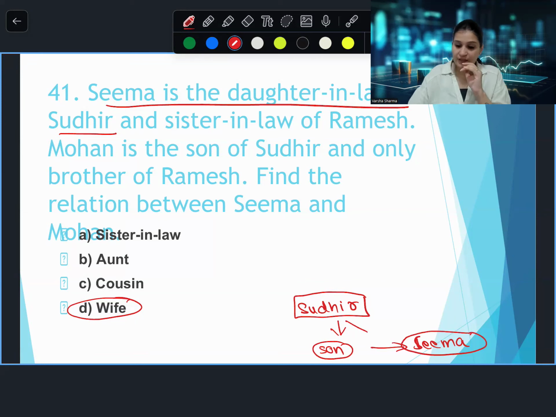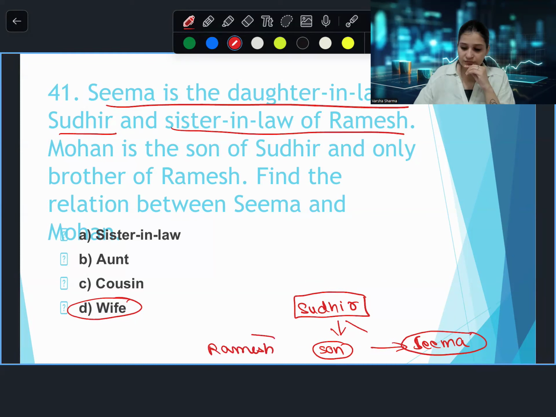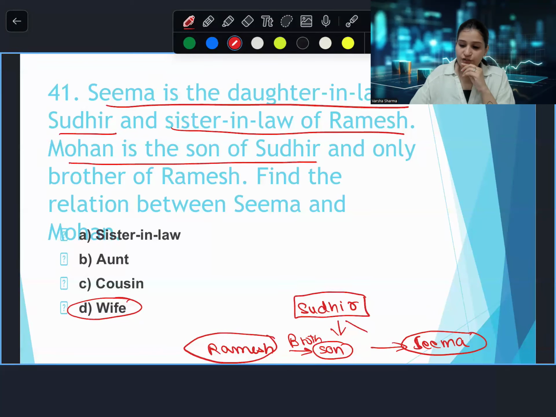Okay, ma'am. And sister-in-law of Ramesh. That means in the same generation there is a man, Ramesh. In-law, that means from the husband's side. So he's the brother. Okay, ma'am. Mohan is the son of Sudhir. So Sudhir has one more son, Mohan. But only brother of Ramesh.